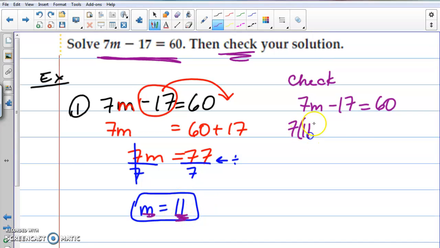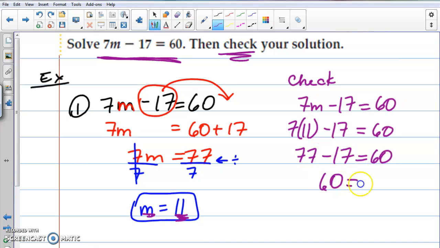So 7 times 11 minus 17 equals 60. 7 times 11 is 77, minus 17 equals 60. And because 77 minus 17 gives us 60, and it equals 60, that means our equation is balanced, and it checks. Over here, 11 is our correct answer, so we're all good.